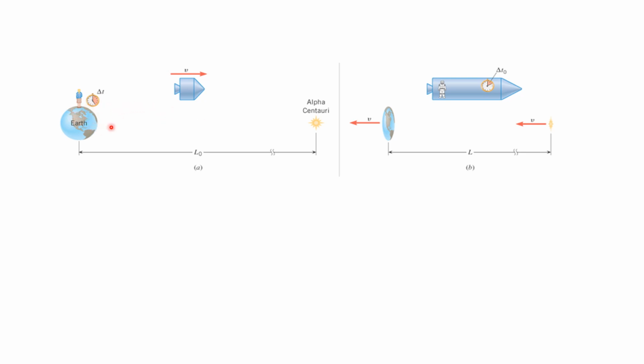From his perspective, the spaceship is moving to the right, and he would see a decrease in the length of this spaceship that is moving with a considerable speed, almost approaching the speed of light.